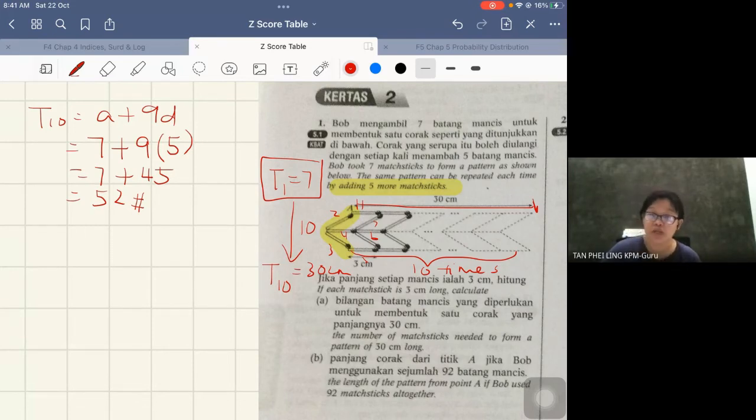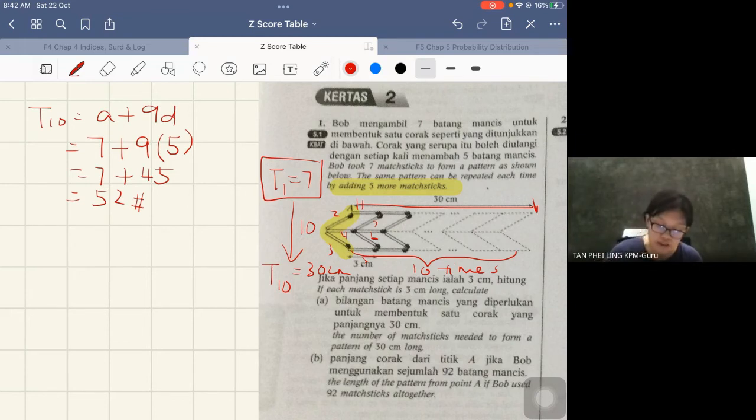So here you have to find out that these 92 matches is how many multiples of your 5, which means how many times of the 3 cm. Then you convert back the 3 cm to the number of matches. Do you get me? Because each 3 cm is equivalent to 5 matchstick.